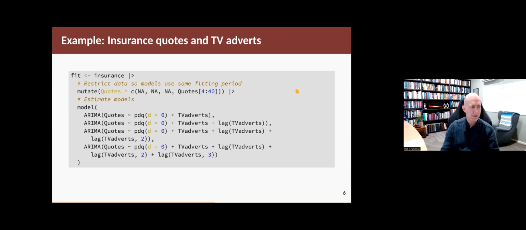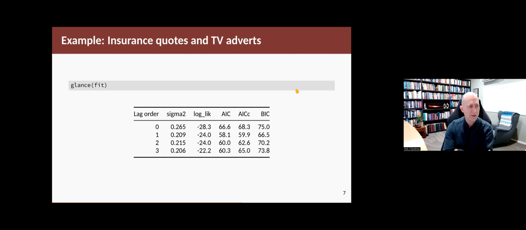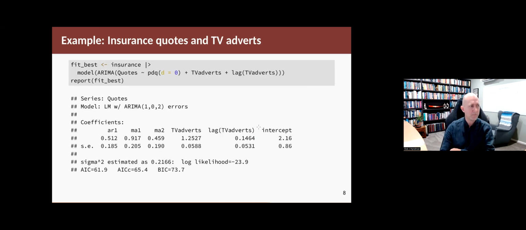Okay, so let's see how well this did. Here are the AICC statistics and other information from the models. We can see from the AICC statistic that the best model is this one with lag 1. That includes current advertising and advertising from one period ago. So we're going to refit the model using all of the available data, not using the method we used before where we set some to missing.